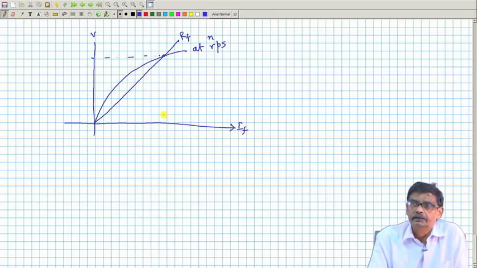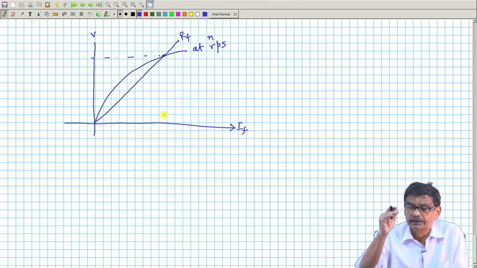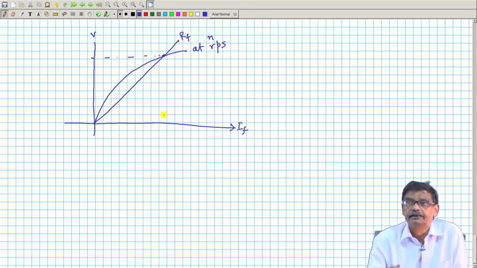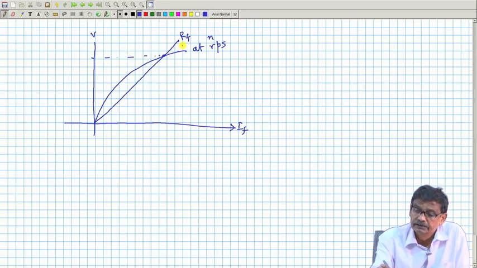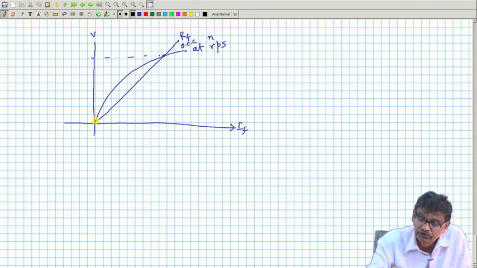Now, imagine that the speed of the prime mover is being decreased. In that case, keeping this field resistance line, if the speed is made lesser, then the position of the OCC, we know, will change; it will be below this line. So, suppose the speed of the machine is reduced, then the OCC will be something like this.